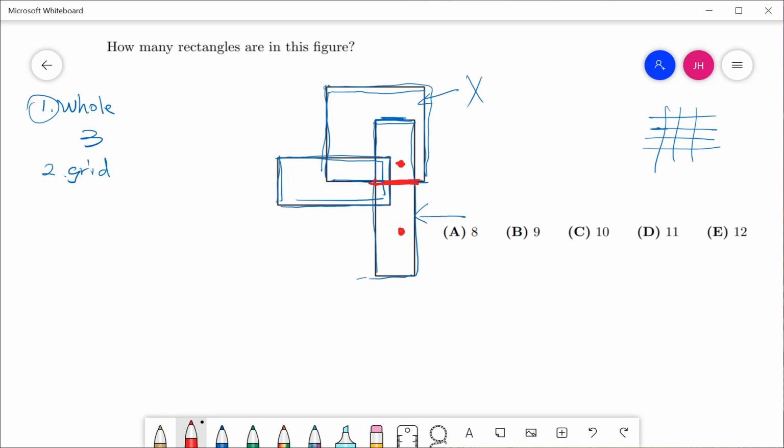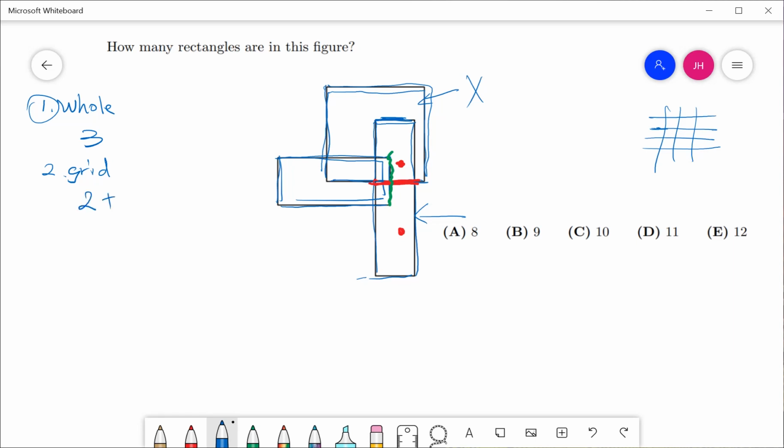Are there any lines that cut through this vertically? Let's use green. Like this line? No, right? It's not cutting through. So we know that for the second whole rectangle, we have 2 grid rectangles. All right, so let's call this, we have 2 here.